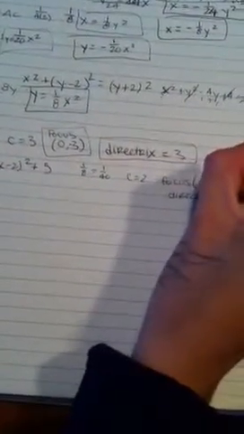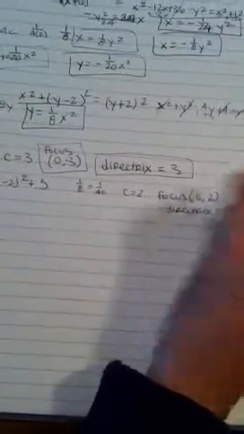Then you have 1/8 is equal to 1 over 4c. To get 8, you'd have to have 2, so c is equal to 2. So your focus is 2 above the vertex, and your directrix is the opposite, which is 2 below the vertex. And that is the first part of my Chapter 10 test corrections.